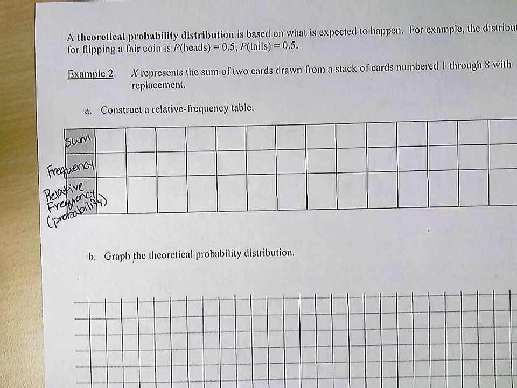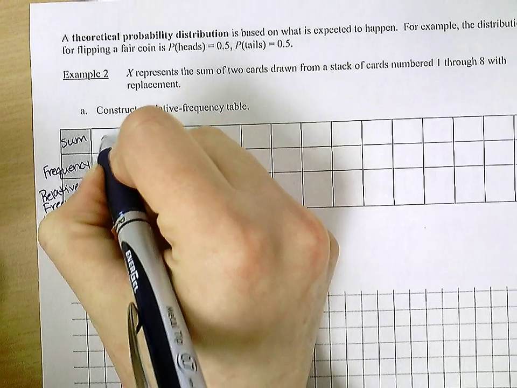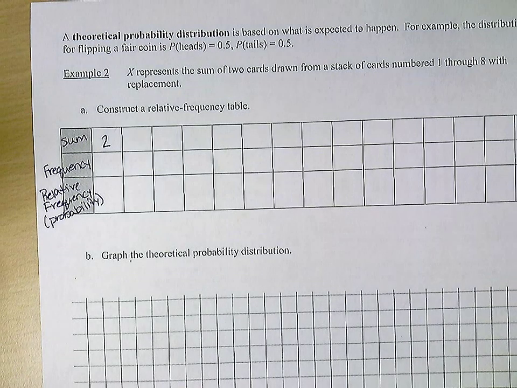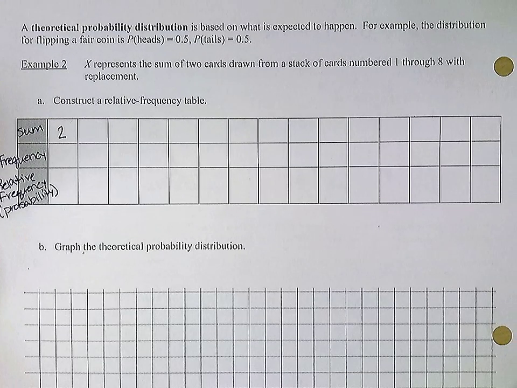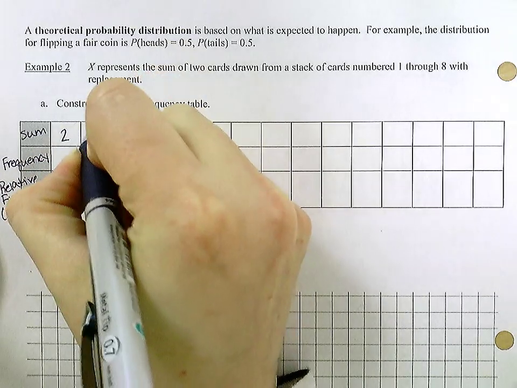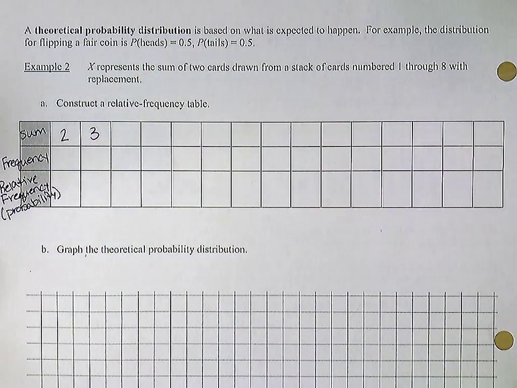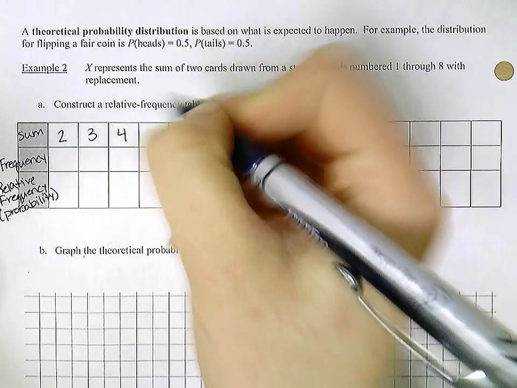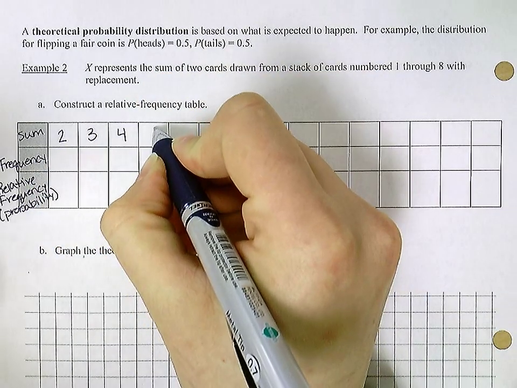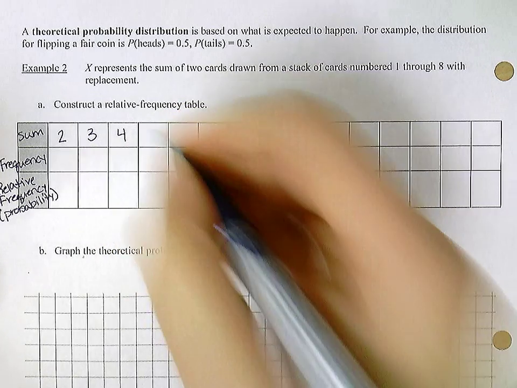Well, if I have to draw 2 cards with replacement, my lowest sum would have to be what? 2. Okay, I could draw a 1 and a 1, so I have to replace that 1 back in the deck. Okay, then next I could have a sum of what? 3. 4. 5, 6, 7.